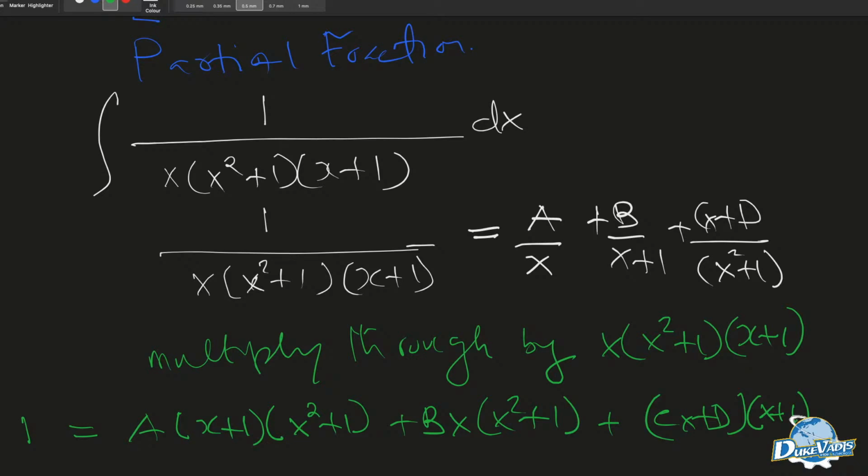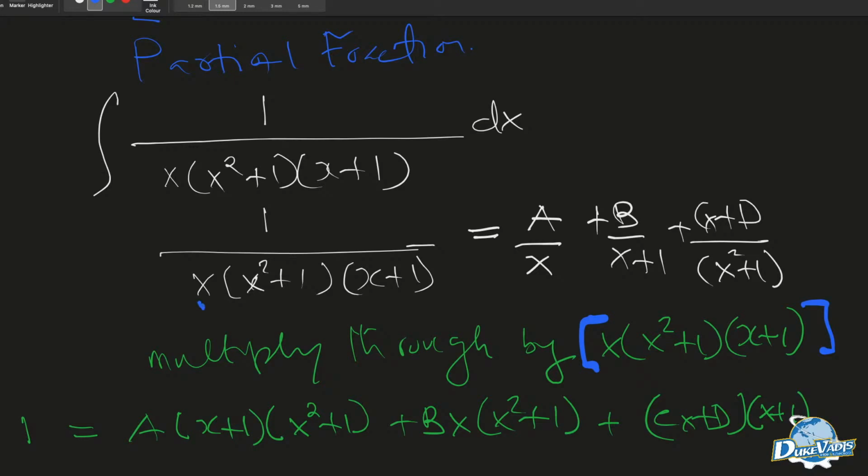Let's look at it carefully. As we multiply the whole expression through by that, we have A times x, so the x will cancel the first x here.